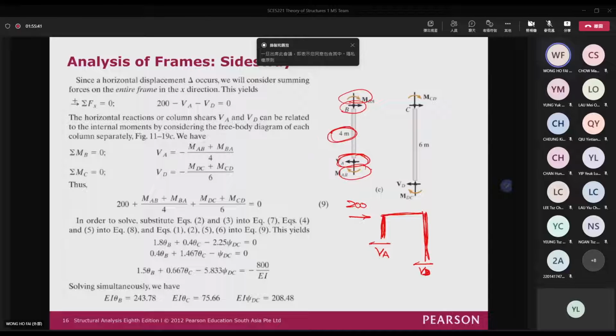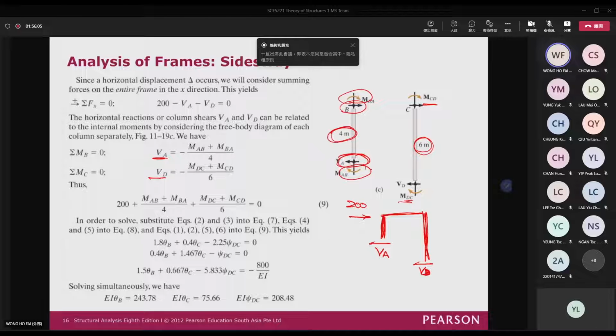So I will use MAB plus MBA, divided by 4, and then I can get the shear VA. And then for the member CD as well, I will use the moments MCD plus MDC. These two, I add them together and then divide by the length, then I can get the member end shear.